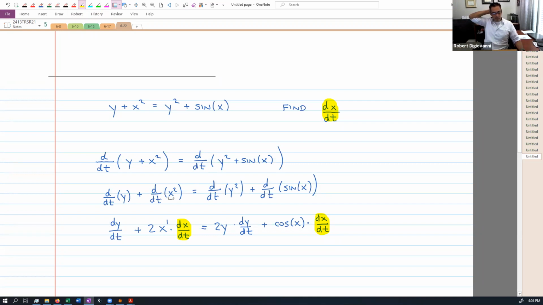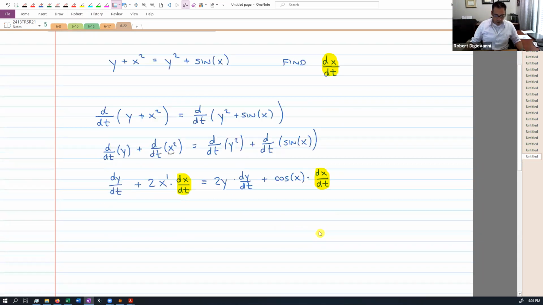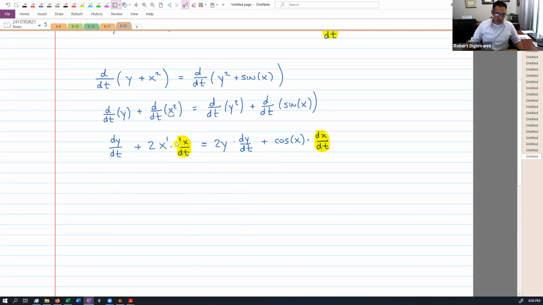Good job. So now what we do is we move everything that has dx dt to one side, everything that doesn't to the other. So I'm going to do that now. dy dt is going to stay. I'm going to move this guy to the right. I'm going to move this guy to the left because this one doesn't have dx dt in it.